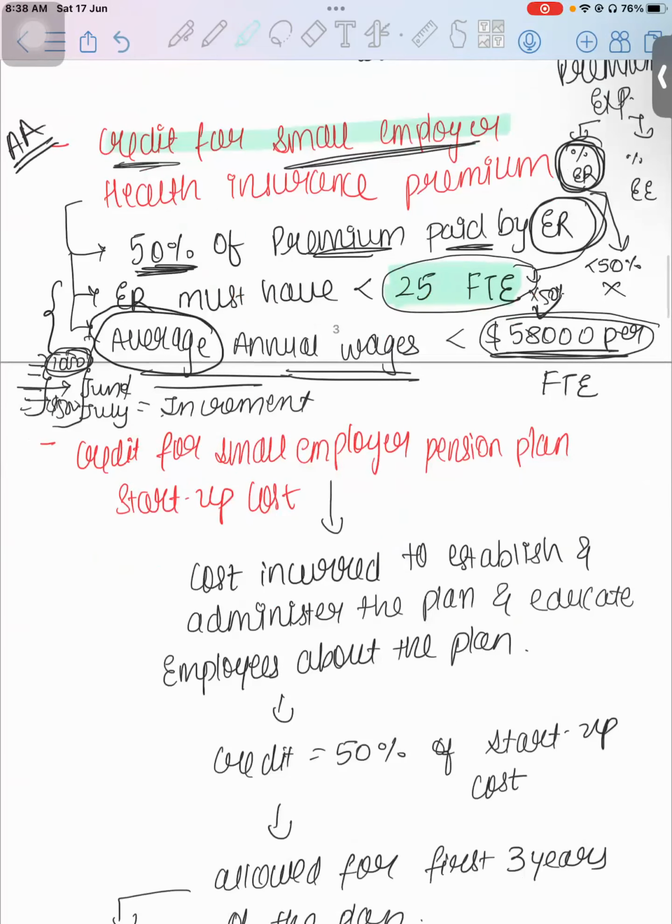Next is the same as health insurance. The small employer, again, means FTE less than 25 and the 58,000 wage limit will apply.